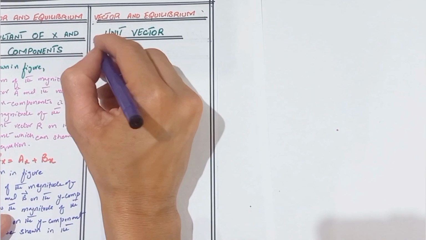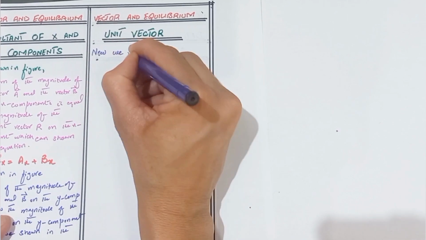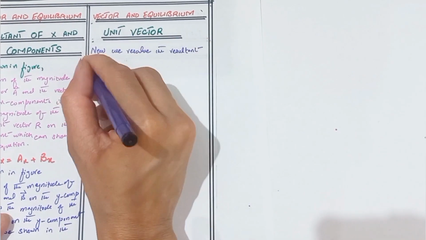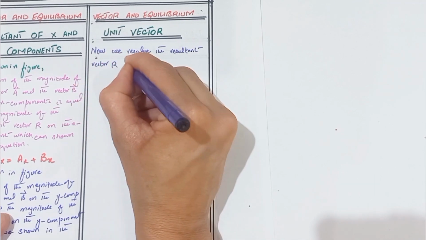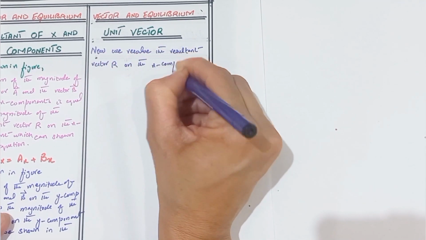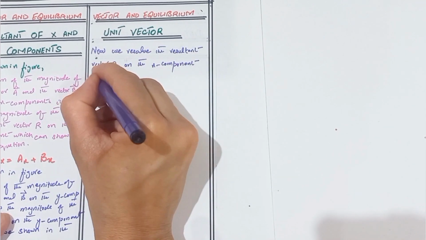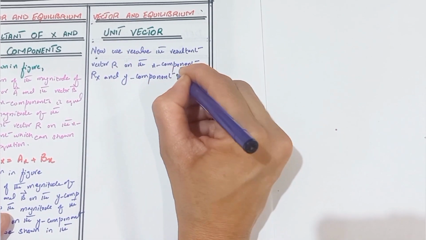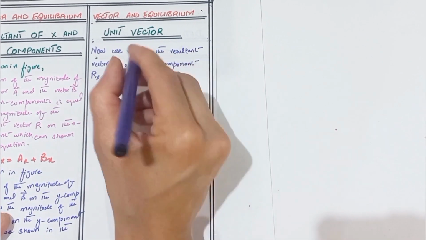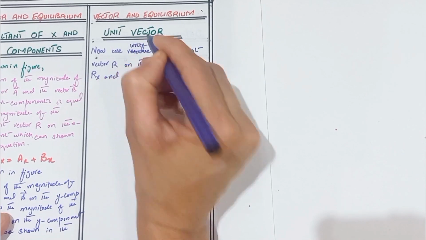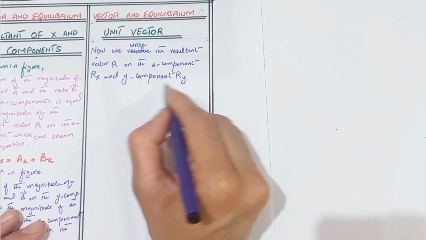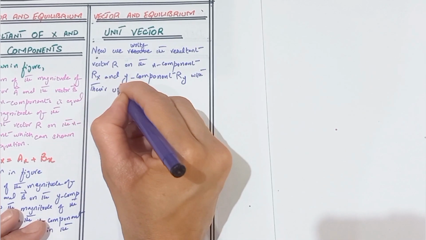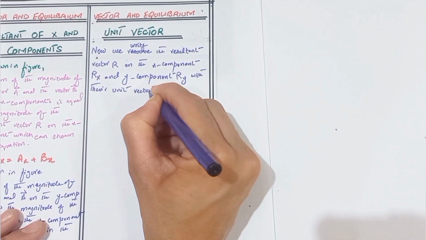Now we write the resultant vector R with its X component Rx and Y component Ry with their unit vectors.